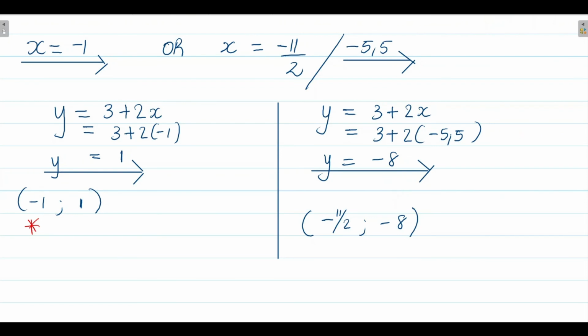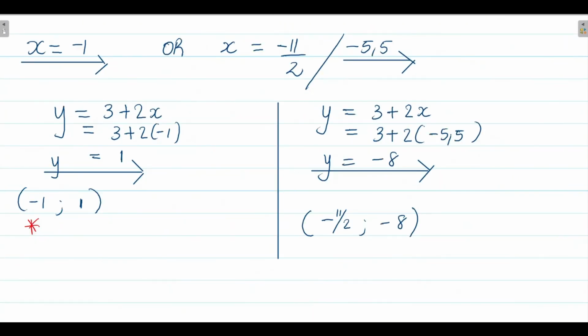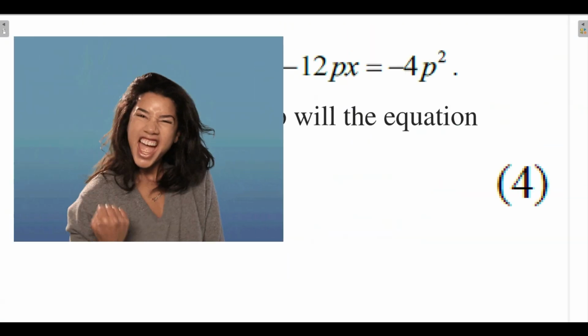We've also checked that our equation, with an expression on the left hand side and the right hand side, balances. When you substitute the two values you've obtained, you should get the same value on the left hand side and on the right hand side. If you do that, it tells you that you've solved your equations correctly and simultaneously for x and y.